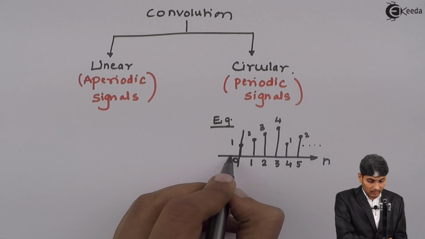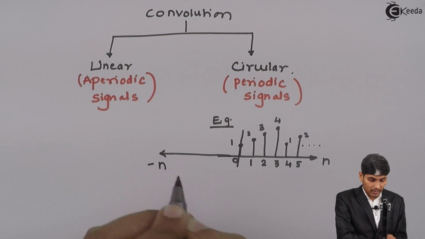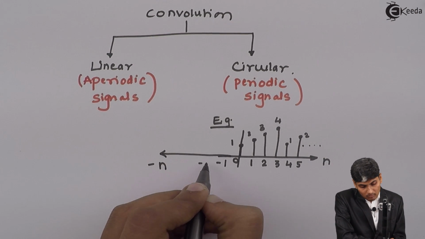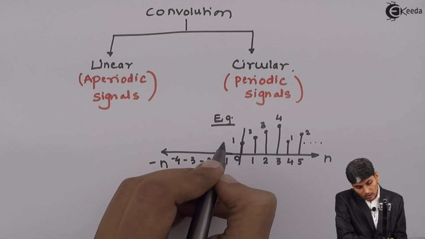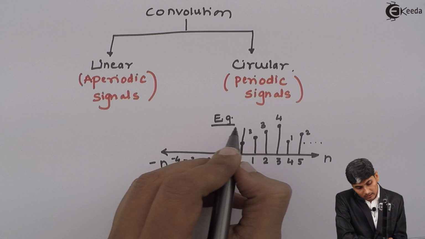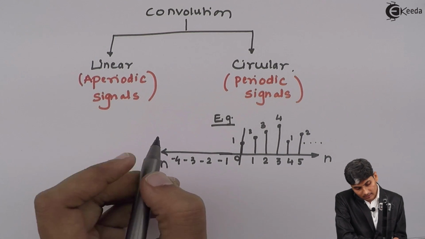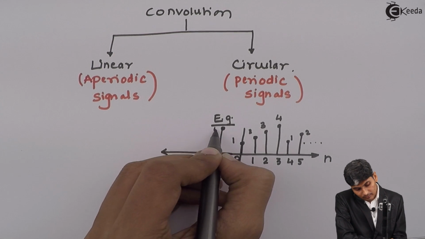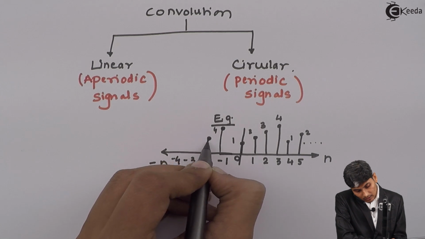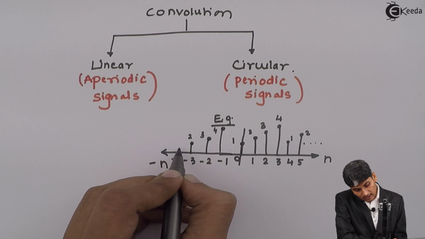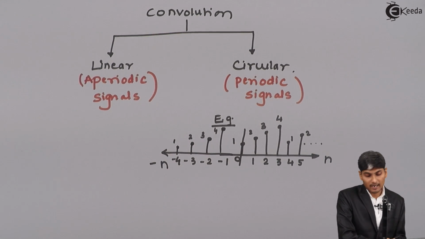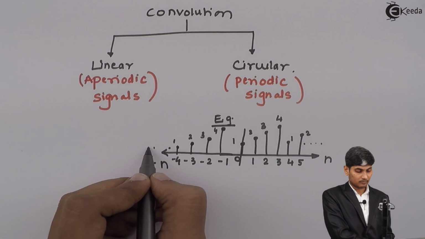Similarly, if I go on the other side, that is minus n, then for minus 1, minus 2, minus 3 and minus 4 the signal will be 4 at minus 1, then 3 at minus 2, 2 at minus 3 and 1 at minus 4 and so on.